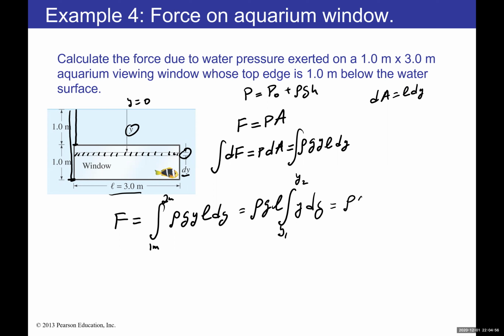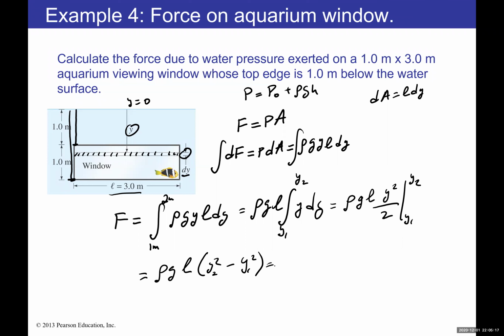So it becomes rho g L times the integral of y dy, which is y squared over 2. With the limits y1 and y2, what I end up with is rho g L times y2 squared minus y1 squared over 2.